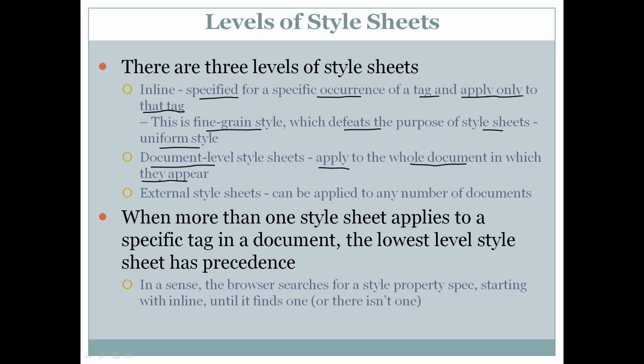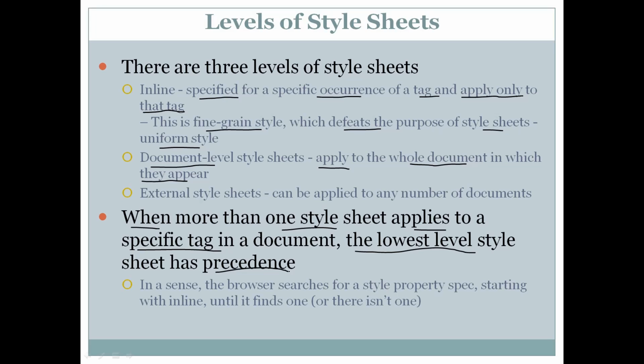It is possible to use more than one type of style sheet in the same document. In a single document, you can use inline as well as document level and external style sheets. When more than one style sheet applies to a specific tag in a document, the lowest level style sheet has precedence.